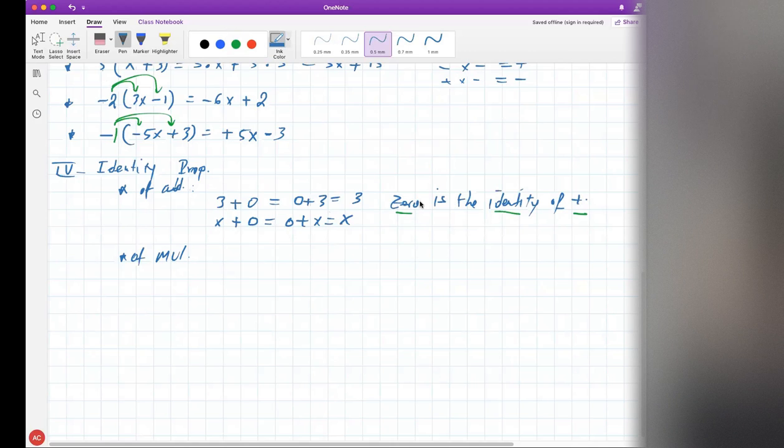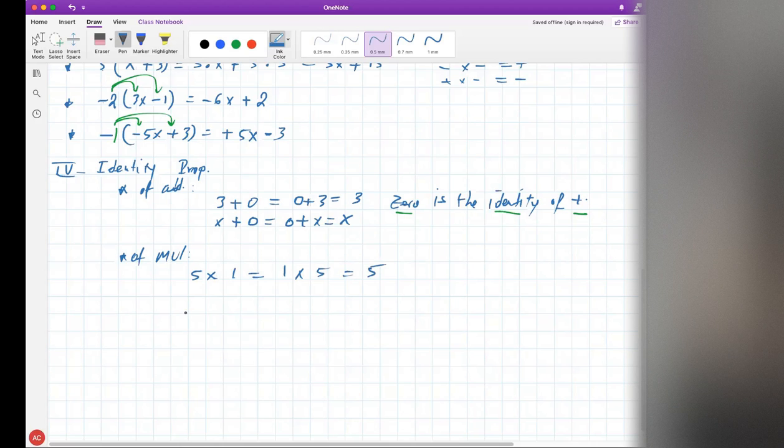In the same way, if 0 is the identity of addition, if you think about multiplication, what is the identity of that? If 0 is for addition, for multiplication, what is it? 1. That's right. So the 1 does not affect multiplication. If you take any number and multiply it by 1, it would be the same as 1 times that number, which is going to be 5.